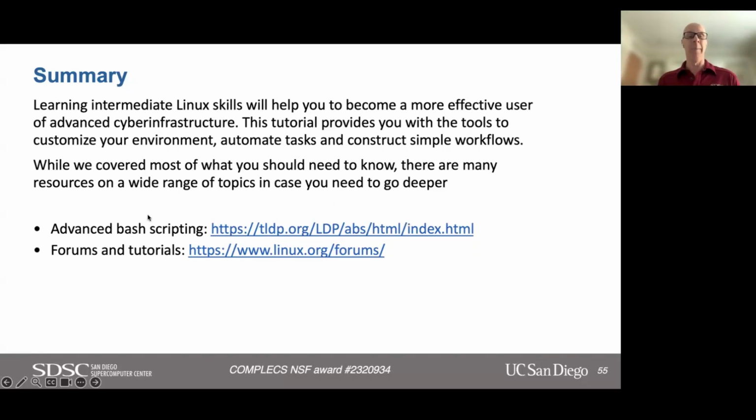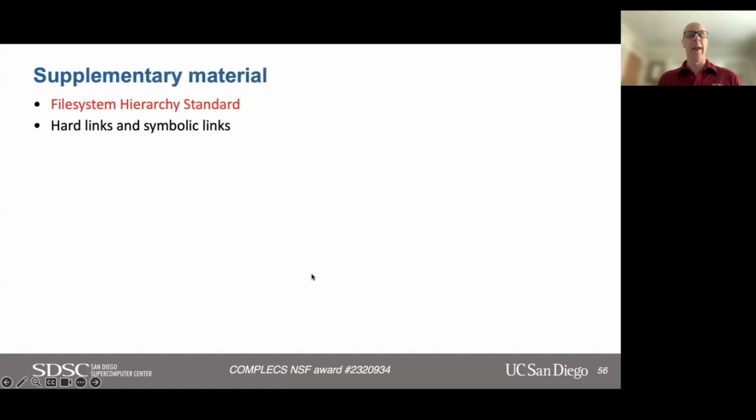So there's a great advanced bash scripting tutorial here, and a forum at linux.org. And we also have some supplementary material. I am not going to go through this now.